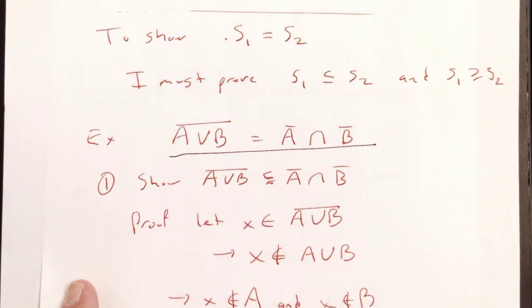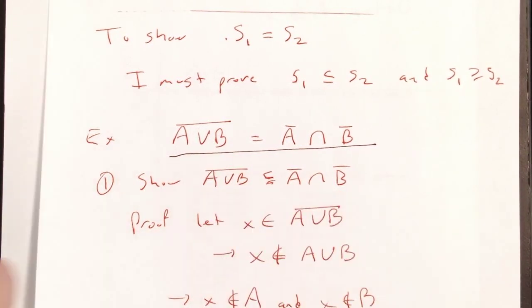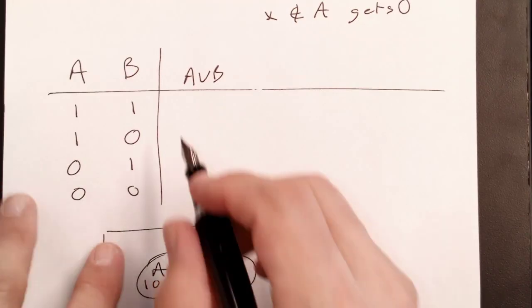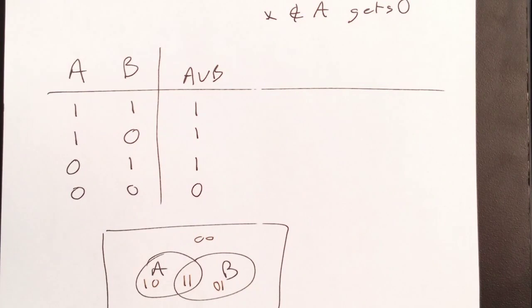And then I'll compare those 2 columns, just like we compared the column of trues and falses in our truth table. So A union B, then complement. A union B. Union means or. Like or is true, true, true, false, 1, 1, 1, 0.